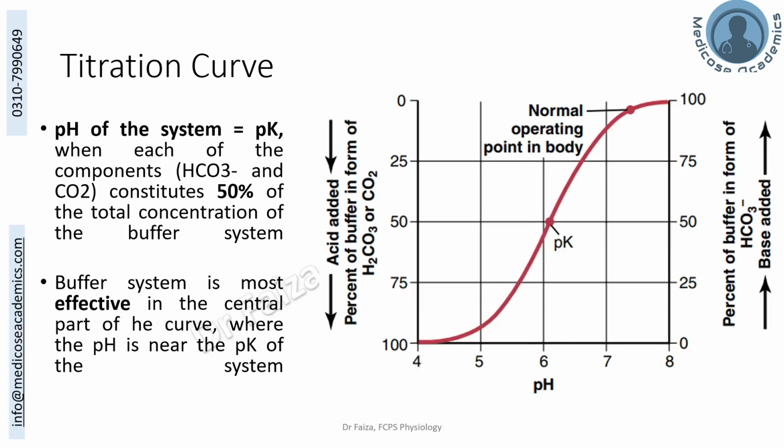This is showing the titration curve of a buffer system. On the x-axis, you can see the pH. On the y-axis, you can see the relative concentration of the acidic and basic components of a buffer. Here is the example of the bicarbonate buffer system.